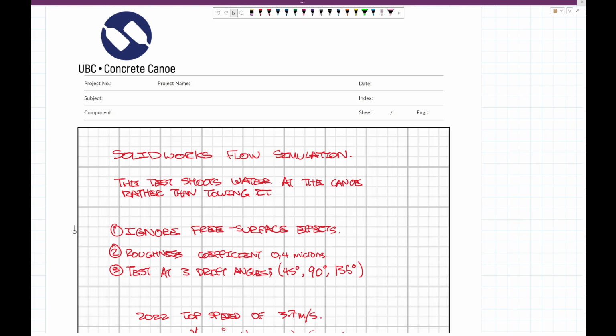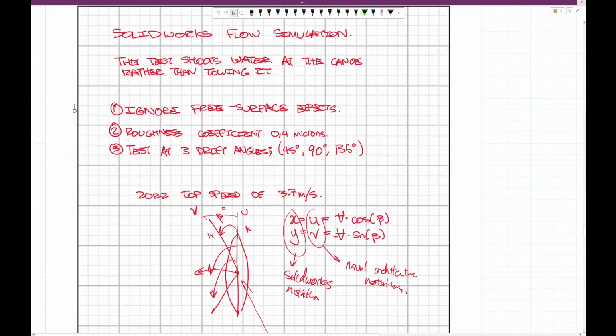Then we tested at 3 different drift angles, 45 degrees, 9 degrees, and 135 degrees, and we graphed those so we could see the sway force and yaw moments.